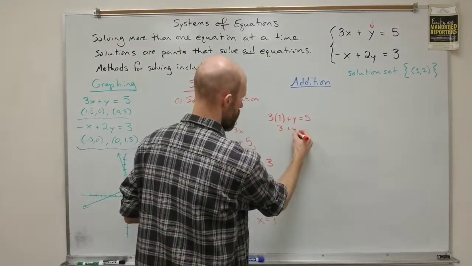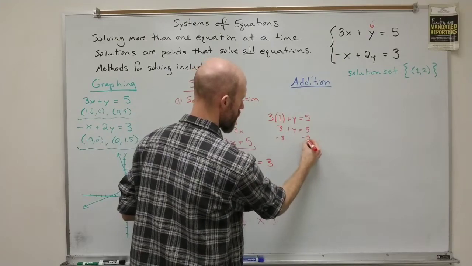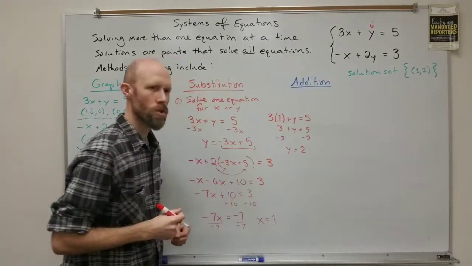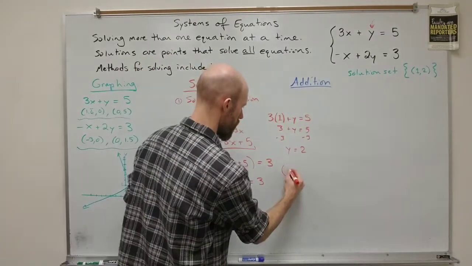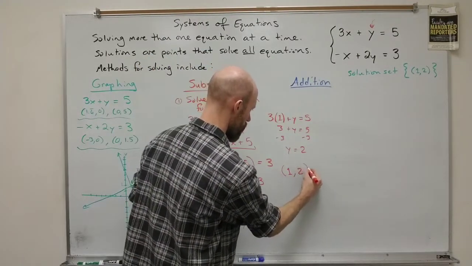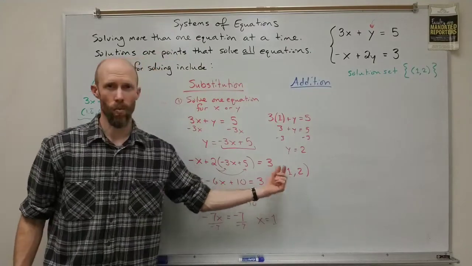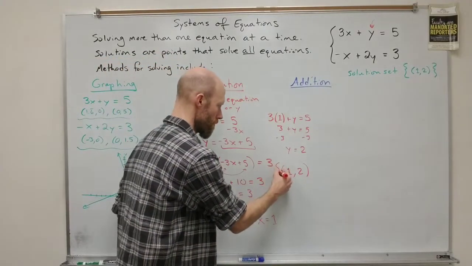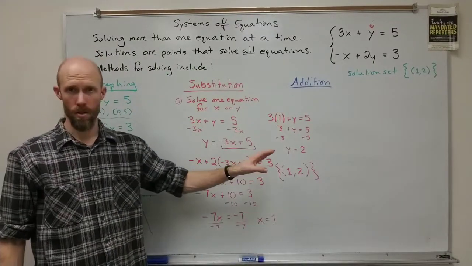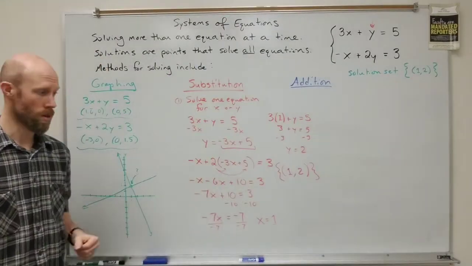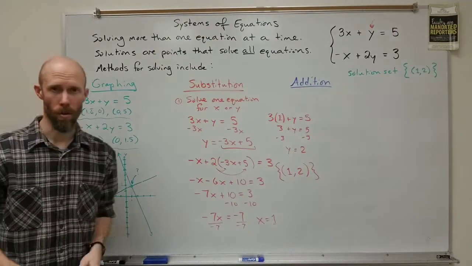So 3 plus y equals 5, subtract the 3, and I get a y value of 2. That's what we were looking for, because that is the solution that we found before. So that just verifies that the 1, 2 solution, and I'll put it in a solution set, is the correct solution that we found before.